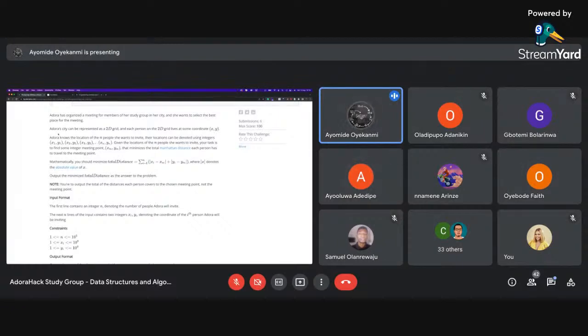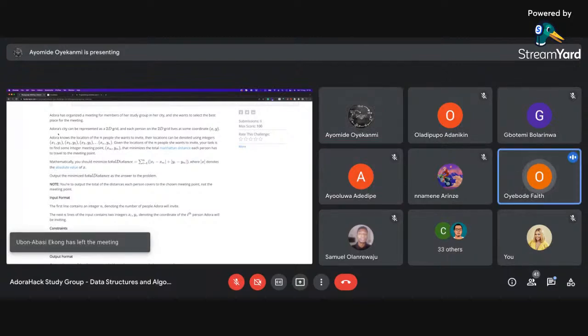I'm not sure. Does anyone else have any ideas? Yeah, so the idea I have is what if we add x1, x2, x3 up to xn divided by the total number of people that are invited? Then we have y1, y2, y3 to yn added together divided by the total number of people that are invited.